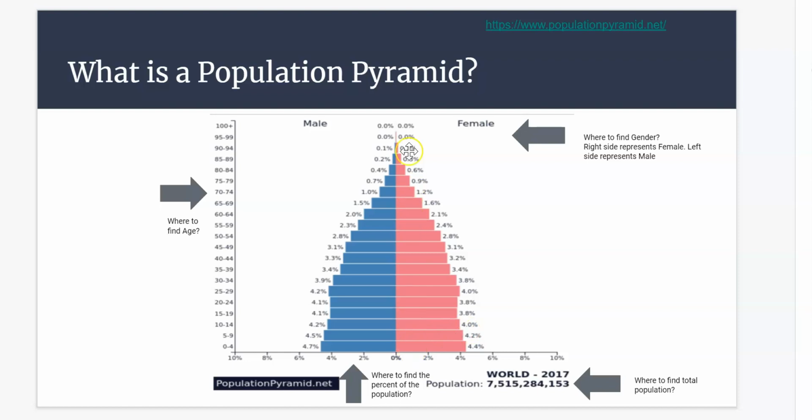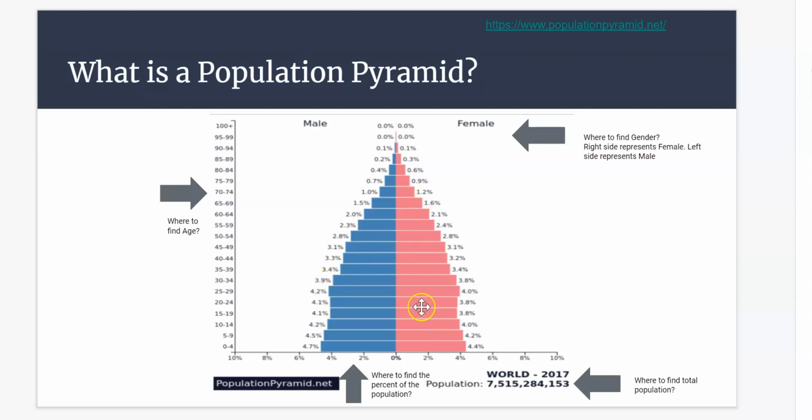Then it is also split into 2 categories right down the middle. It's split by gender. Male is signified by blue bars going out, and female is by pinkish bars going out that way. And then they also have a percentage of the population.